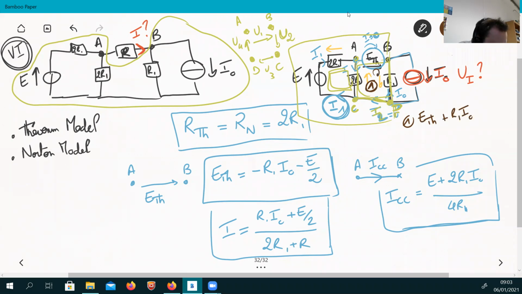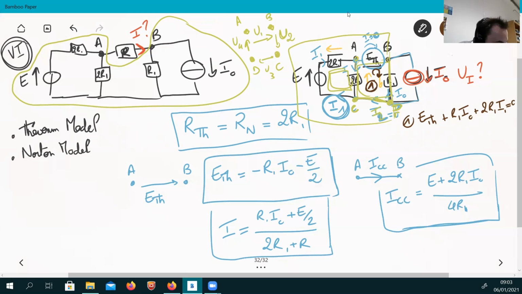So I'm going in this direction. So ETH plus R1 plus 2R1 I1 equals 0. Do you agree with this first equation? Yeah. Okay, so now you need another one.